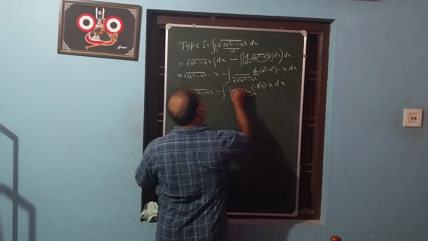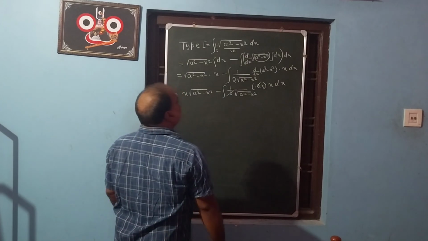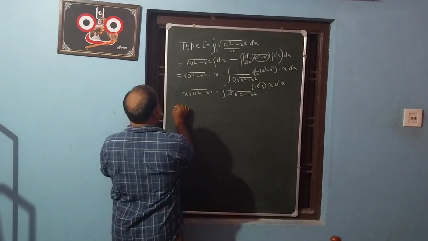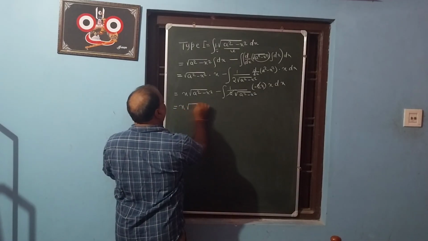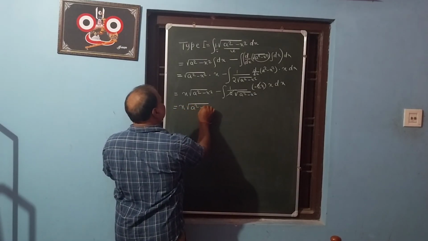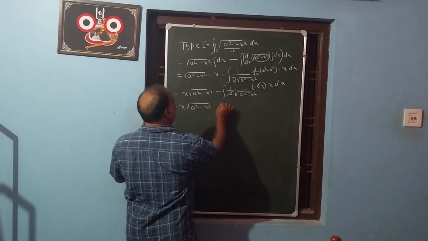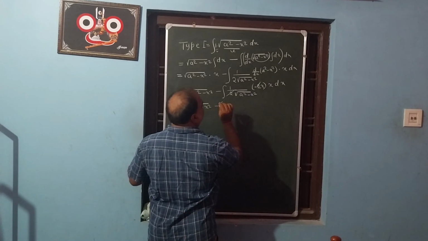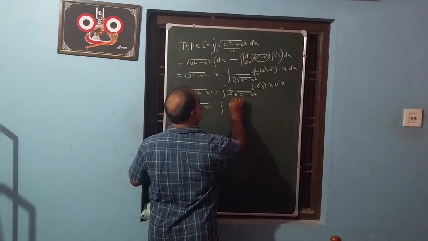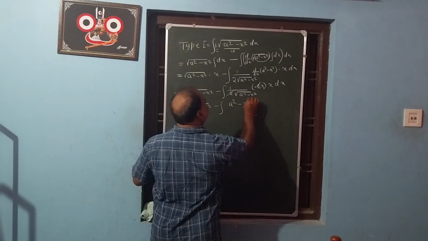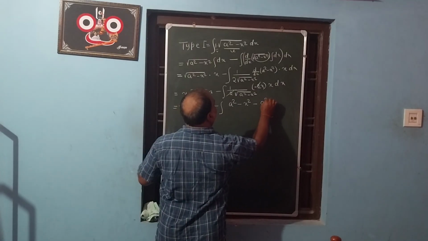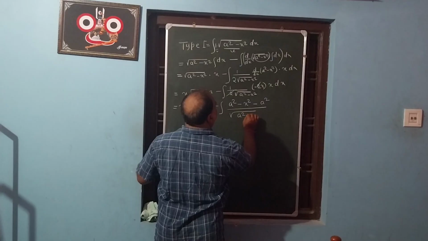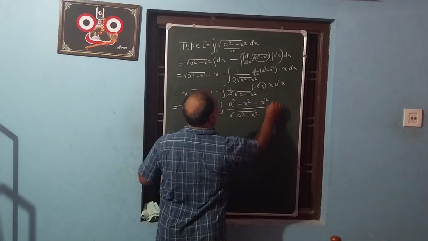So the 2 cancels. Now x into x is minus x square, so we get x root over a square minus x square, and here the integration of minus x square over root over a square minus x square into dx. Minus x square means you have to add a square.